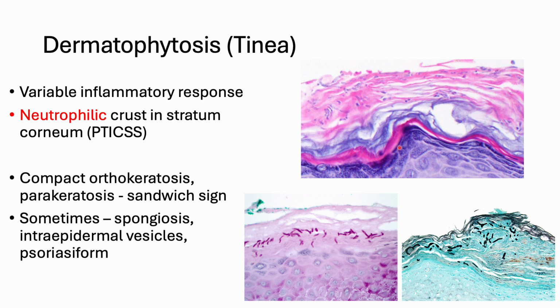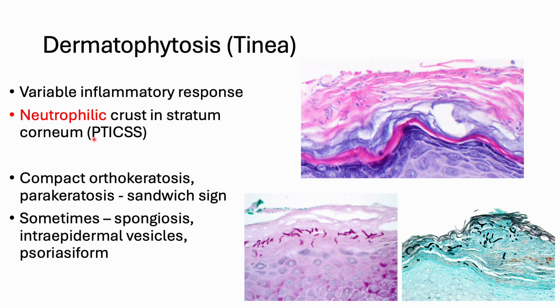Because the body has an inflammatory response to the fungal infection, usually you can see there is a neutrophilic crust in the stratum corneum associated with the hyphae form fungal organisms. There is a mnemonic. Try to remember the different disorders that can have an associated neutrophilic crust.